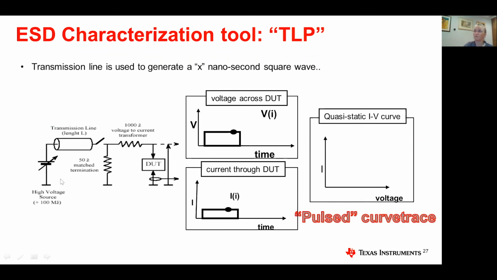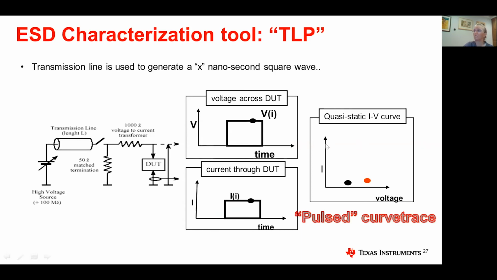The method of characterization is to charge the transmission line, discharge it through the device under test, and extract waveforms that then give a quasi-static IV curve, or at least the first point. Then we redo the charging at a higher level and extract another point.